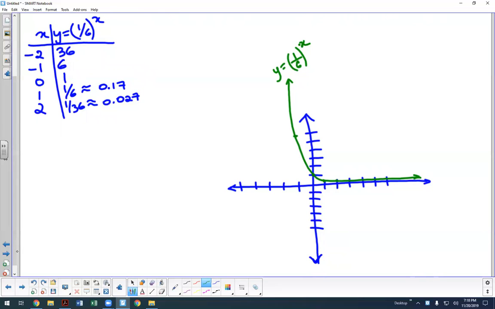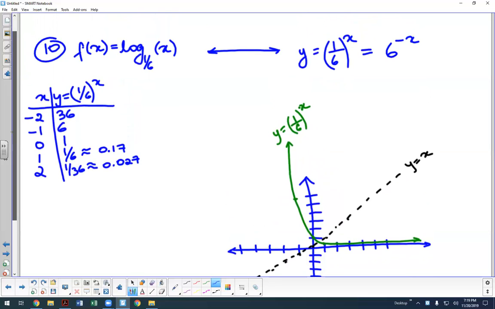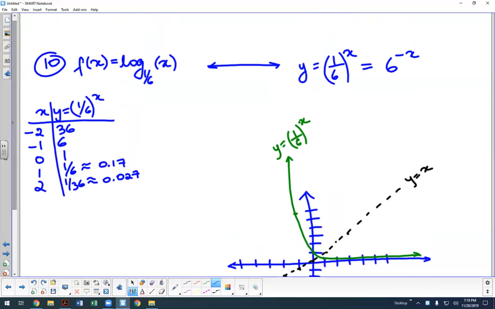Okay, and I'm actually also going to go ahead and draw my y equals x line for the reflection. Just like we did in the previous example, just change your x and y values to create the table for the logarithmic function.